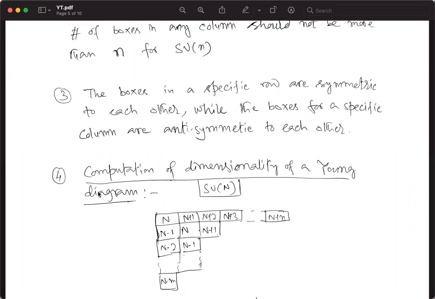This notion of symmetric and anti-symmetric is very similar to the symmetric and anti-symmetric property of tensors. When you have symmetric boxes, that implies a tensor where the indices are symmetric among themselves. We have already seen one example where this can be depicted through a tensor multiplication, but we'll see why we avoid that, and why the tensor product method is tedious, cumbersome and erroneous.